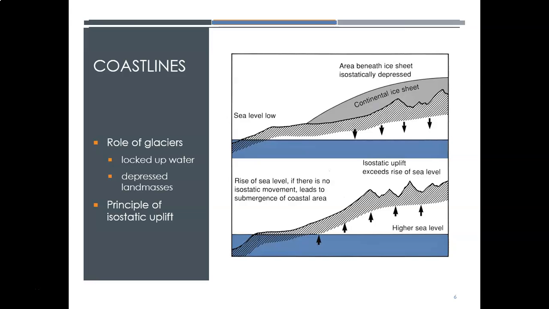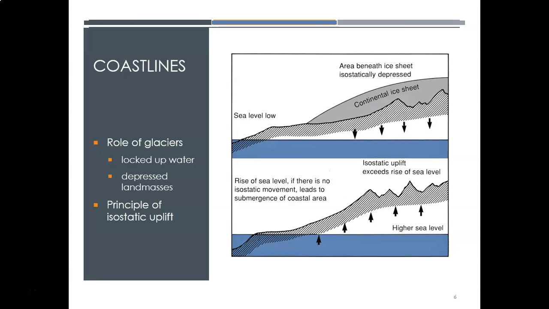There are some specific environments that are particularly useful for archaeologists, and there are other specific processes that we also have to consider that are significant for shaping archaeological sites, but also where people lived. And glaciation is definitely one of those, in that through glaciation we have water being locked up. The weight of those continental ice sheets causes the land masses or the continents themselves to become depressed, and this then impacted the coastline.